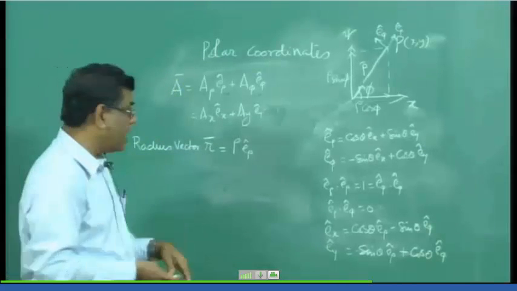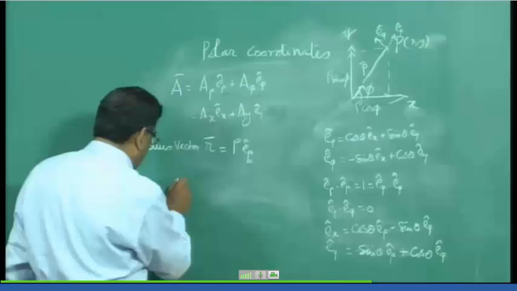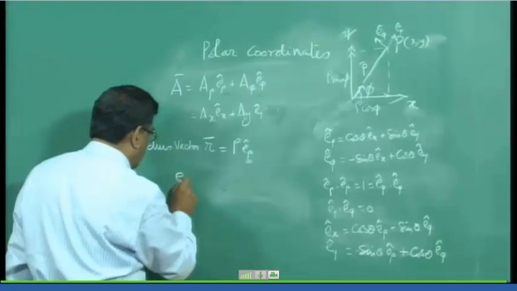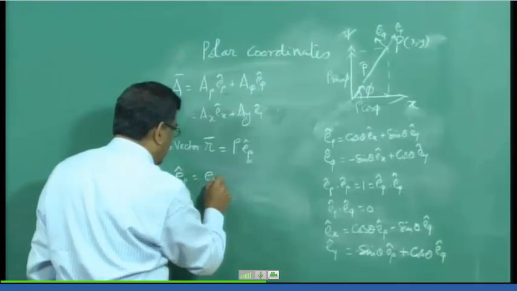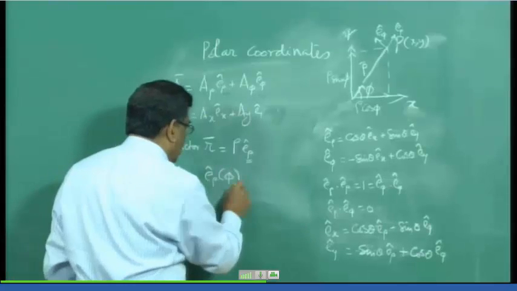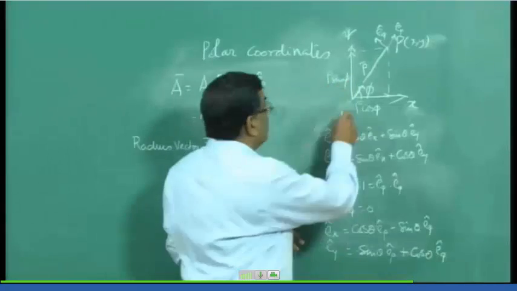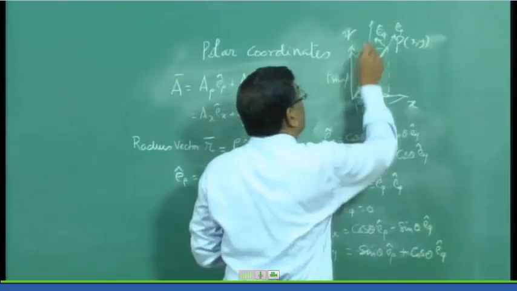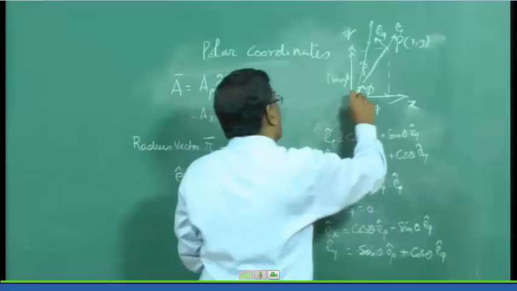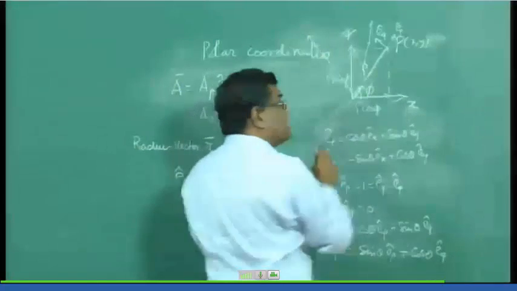Yes, it depends on phi, but you should remember E rho is nothing but E rho of phi. E rho itself is a function of phi, because if I go along this direction, my E rho is in a different direction. If I go along that direction, my unit vector is in this direction.